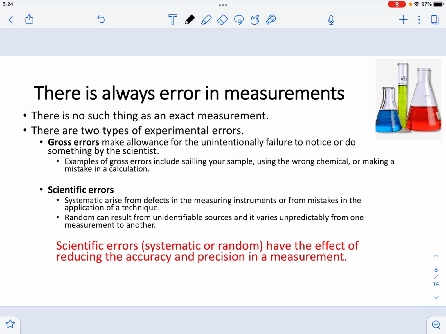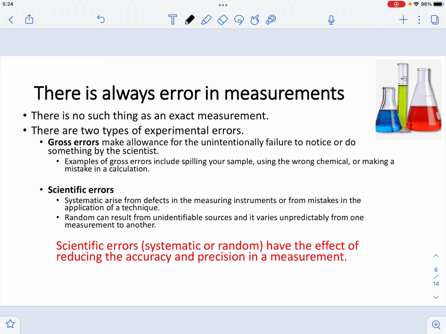In the next video, we're going to talk about the technique of how to correctly read volume in glassware. And let's say that, just to introduce these concepts, you are reading volume in a particular glassware and you incorrectly read the volume of the liquid by not paying attention to where the curvature of the meniscus is. That will be a type of systematic scientific error.